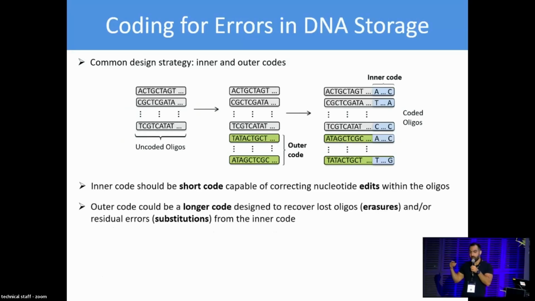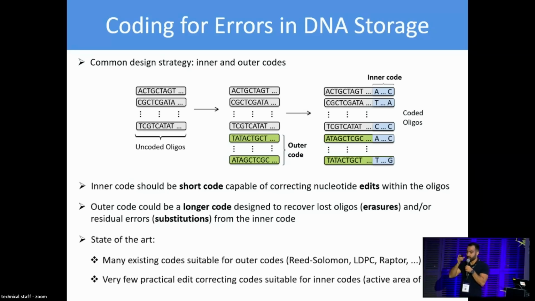Now, ideally, the inner code should be a short code capable of correcting deletions, insertions, and substitutions of nucleotides at the sequence level. Why short? Because the DNA oligos are short due to synthesis limitations, whereas the outer code could be some longer code designed to correct lost oligos or some residual errors from the inner code.